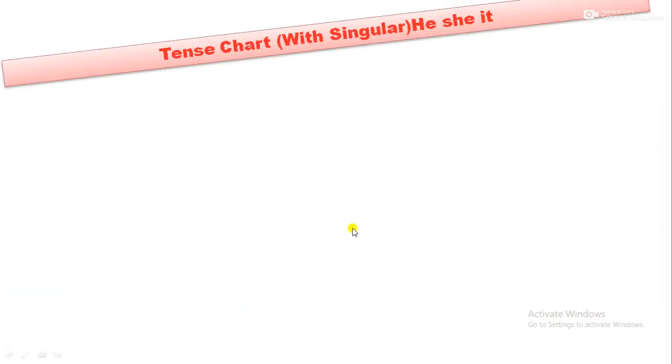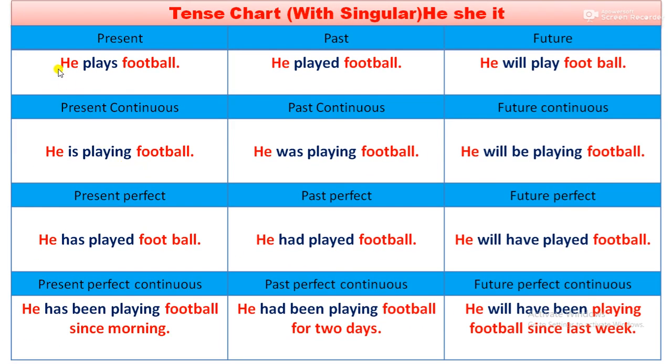Now see, he plays football, he played football, he will play football. He is playing football, he was playing football, he will be playing football. He has played football, he had played football, he will have played football. He has been playing football since morning. He had been playing football for 2 days.